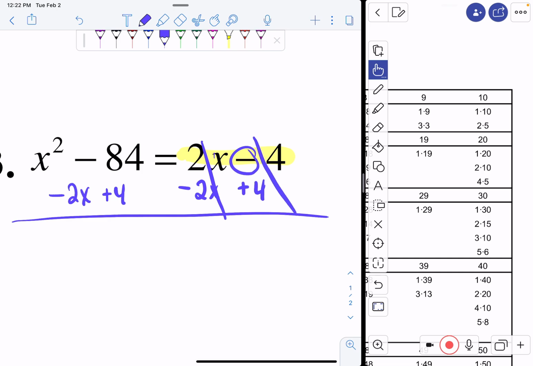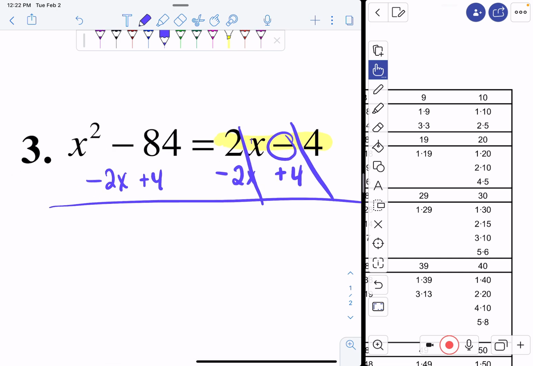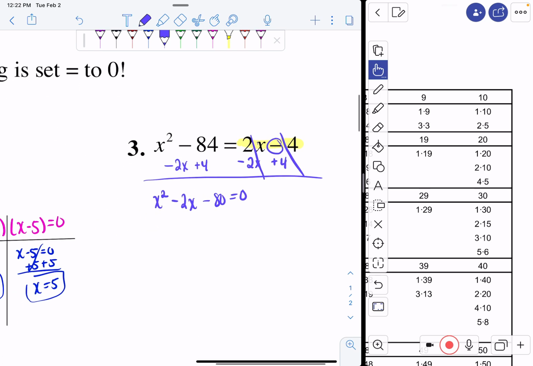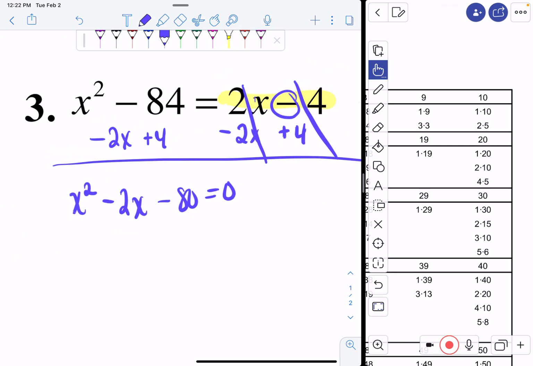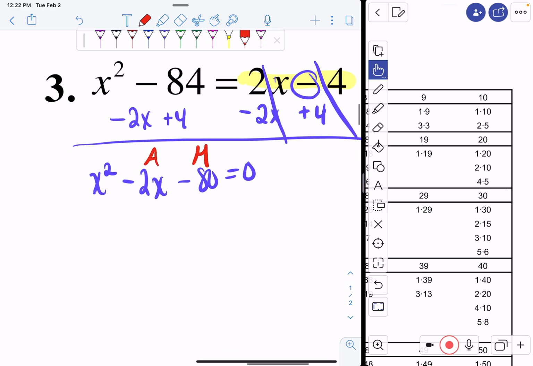Cancel, cancel. So there's nothing to combine with my x squared, so I'm going to just write x squared. Nothing to combine with my minus 2x, so I'm going to write minus 2x. And then negative 84 plus 4 is a minus 80. That's equal to 0. So now I can factor it. I want to find two numbers that add up to negative 2 and multiply to negative 80.